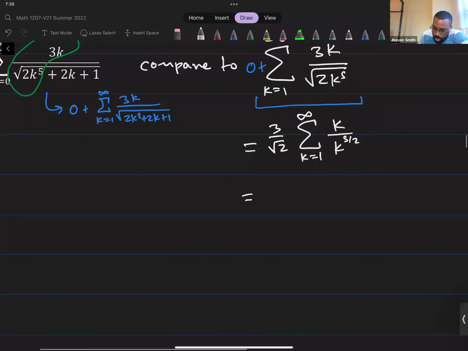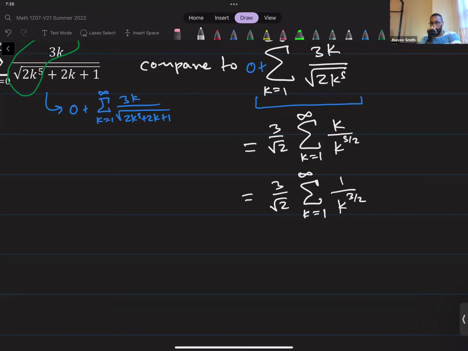I can think of this as 1 over k to the 3 over 2, right, by just knowing how to deal with powers. So k divided by k to the 5 over 2 is k to the 1 minus 5 over 2. That's 2 over 2 minus 5 over 2, which is minus 3 over 2, which I can write as 1 over k to the 3 over 2. Now, what you notice about that guy is that it is a p series.